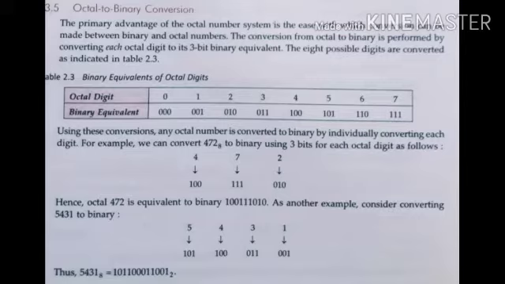For example, if we take the octal number 472, then from the table we can see the equivalent binary: for 4 it is 100, for 7 it is 111, and for 2 it is 010. Now all these three equivalent binary values we put together, and as a result we get 100111010. This is the exact equivalent of the given octal number.